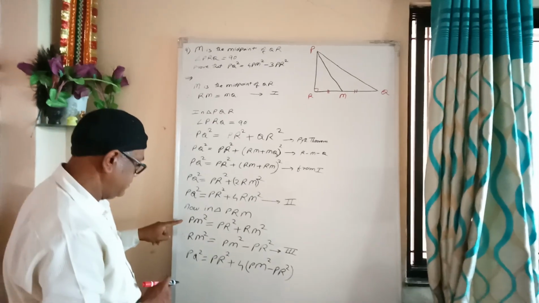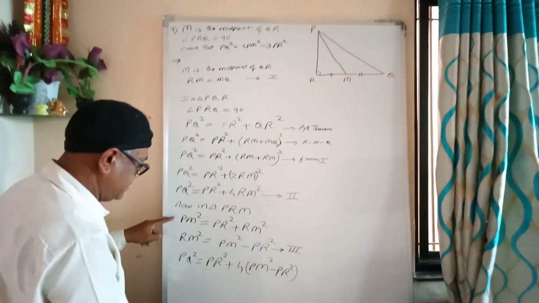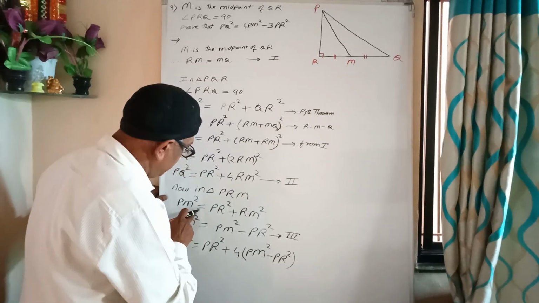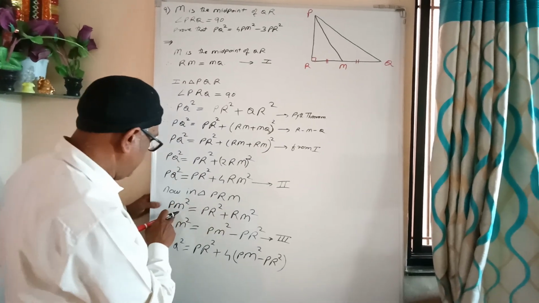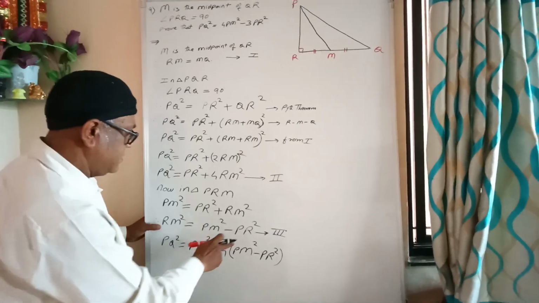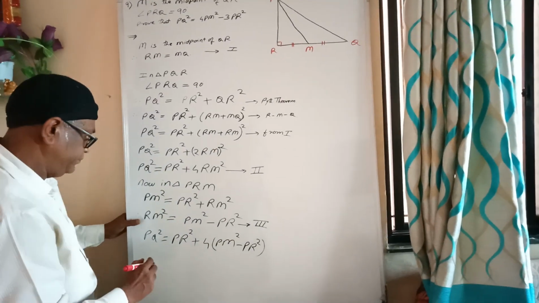That is PR as it is, and 4 RM square is PM square minus PR square.